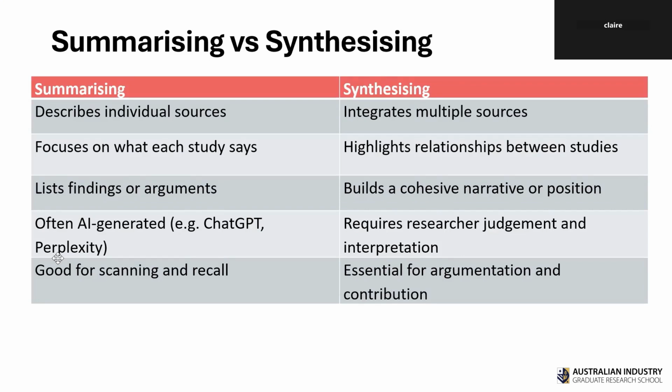And obviously what we want to do is synthesize. With synthesizing our arguments, we need to be engaging in interpretation. Again, remember that what the AI is going to give us is pretty much a summary, but it's not necessarily going to be synthesizing.